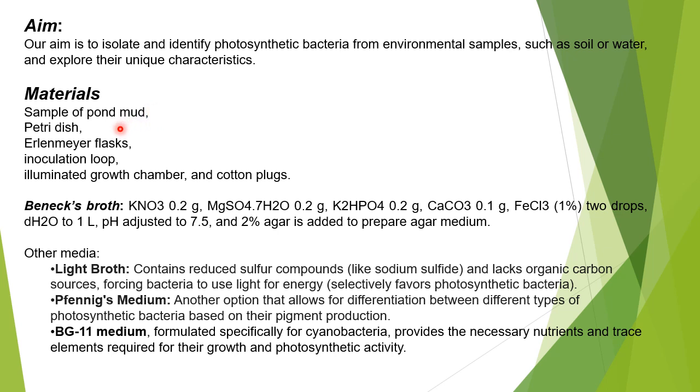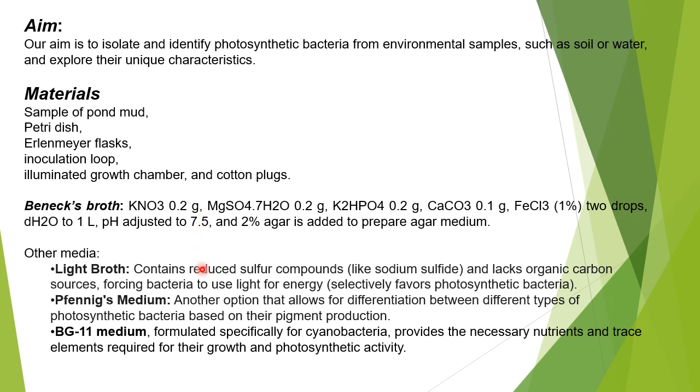You need petri plates, then Erlenmeyer flask for enrichment. You need inoculation loop. You need illuminated growth chamber, as we are isolating photosynthetic bacteria. So a light source is required when you are incubating plates, and cotton plugs. So this is the basic material that I have listed here.